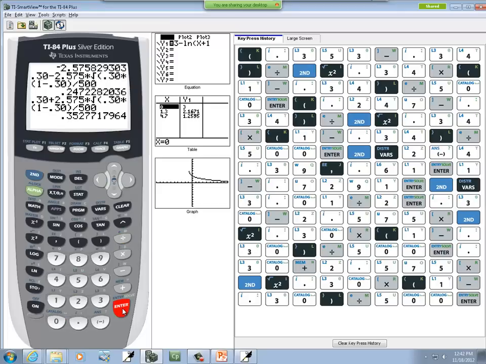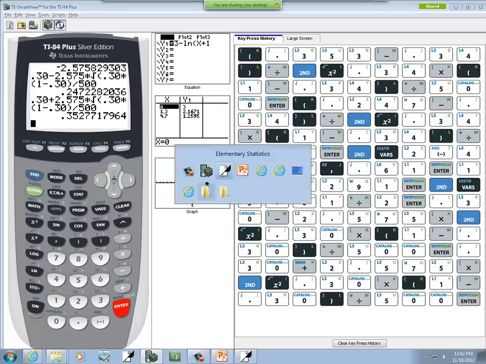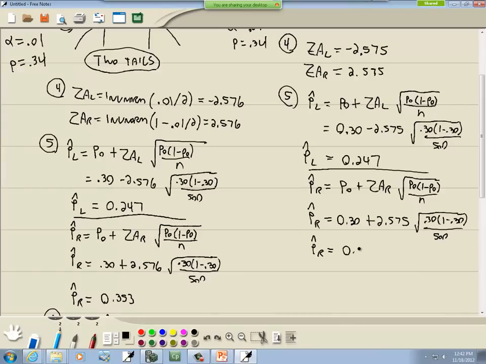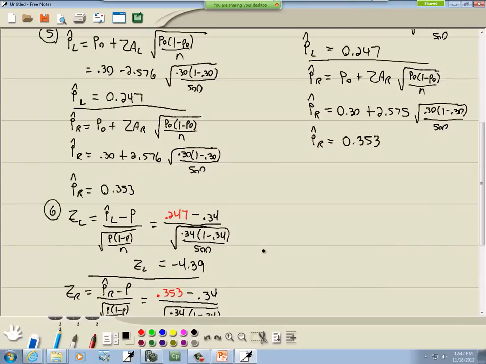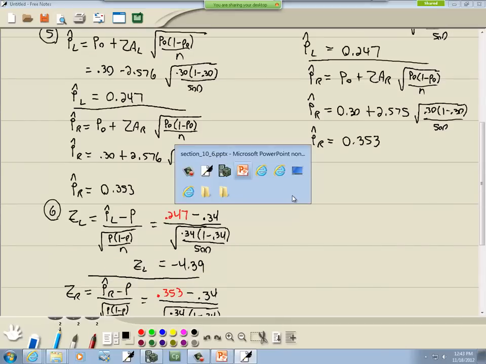Enter. And let me double check all those numbers. And we get 0.353, which lines us up again because it matches over there. That'll actually make the next step a little bit easier. I won't have to actually plug it in the calculator because it's the same.